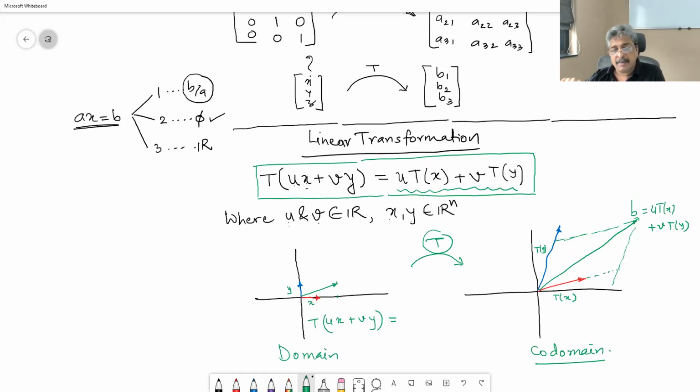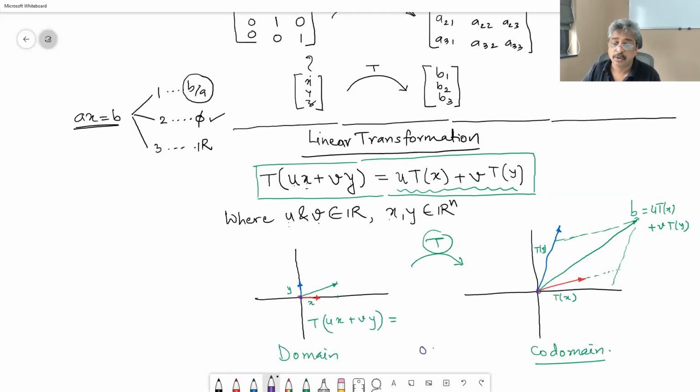That is what is going to happen every time, and therefore it is very obvious and easy to prove that zero vector in domain will transform to zero vector in codomain. We can always put some special values of u and v and we can prove that t of 0 plus 0 is equal to t of 0.